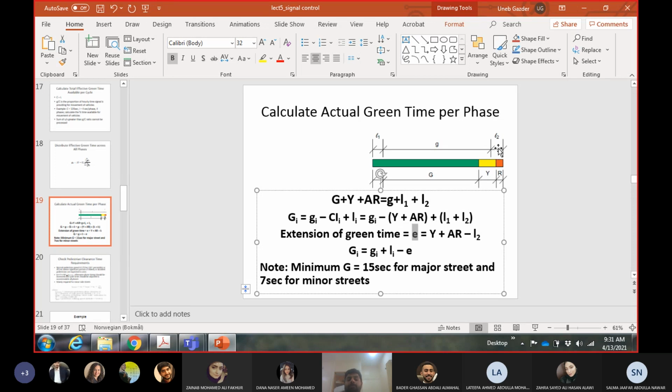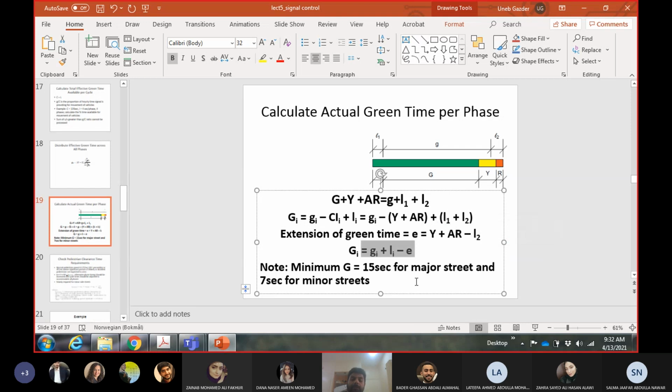Up to this point the green time is extended, meaning vehicles keep on entering the intersection up to L2. So yellow plus all red minus L2 gives you the extension of green time, which is E. In this equation you can replace Y plus AR minus L2 by E. So this is another equation for calculating the actual green time. You can use either equation; it doesn't make much difference.